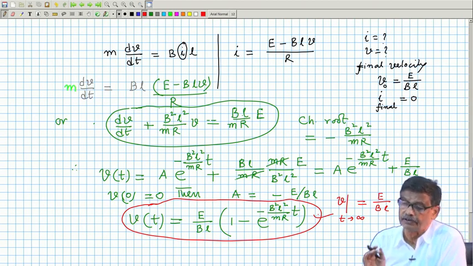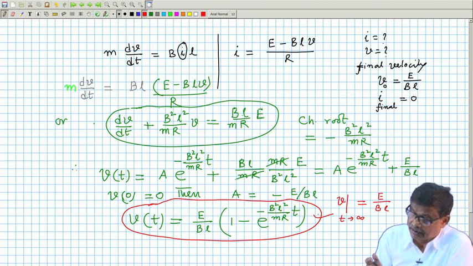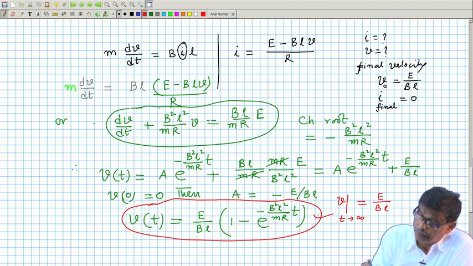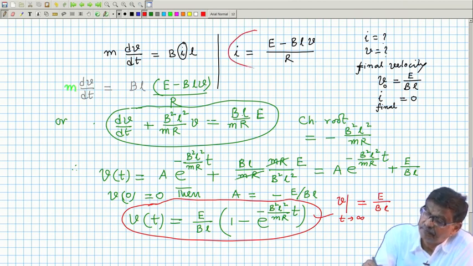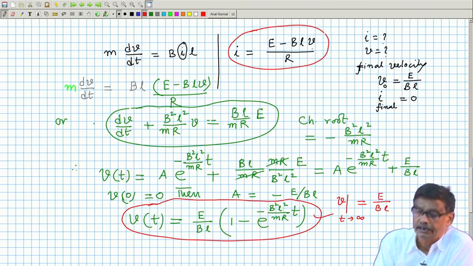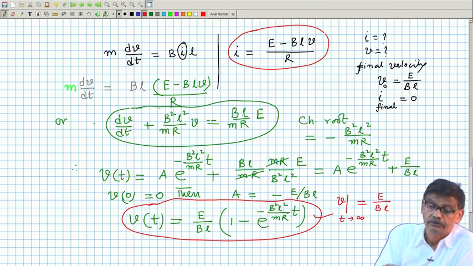So, this is your velocity, and how to get the current? Now, put this value of V in this expression to get the expression for the current.